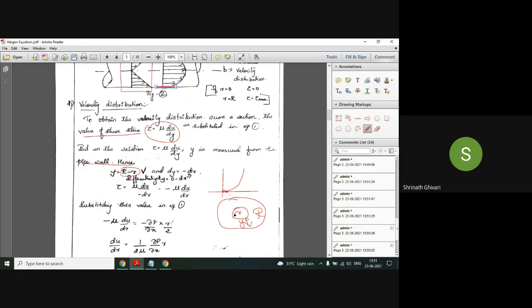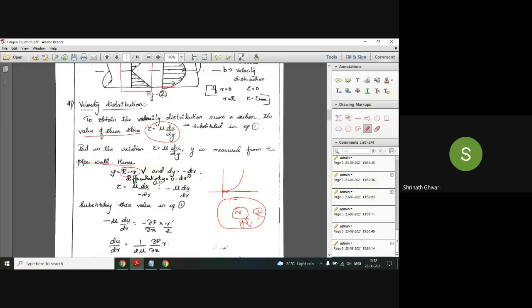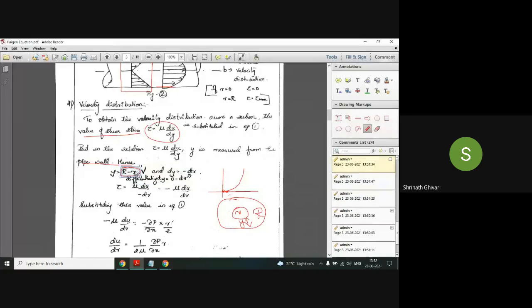Differentiating, dy equal to 0 minus dr, so dy will become equal to minus dr. Now I have to substitute the value of dy as minus dr.